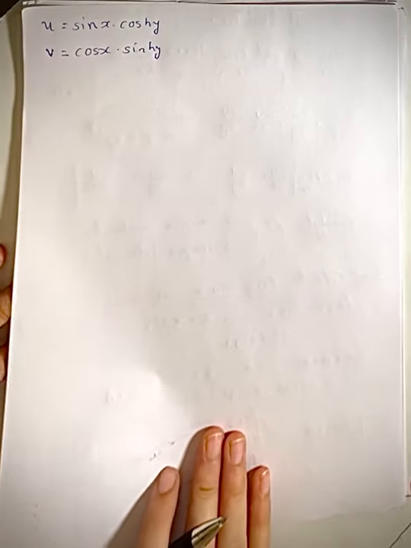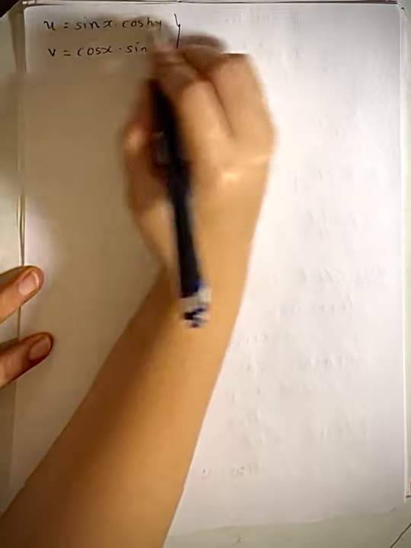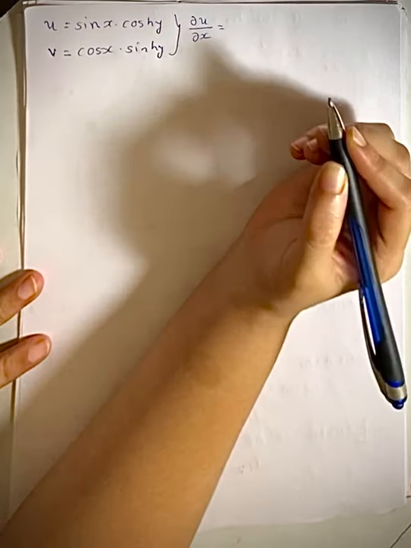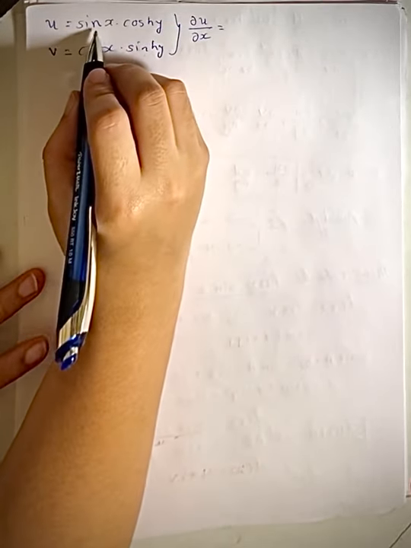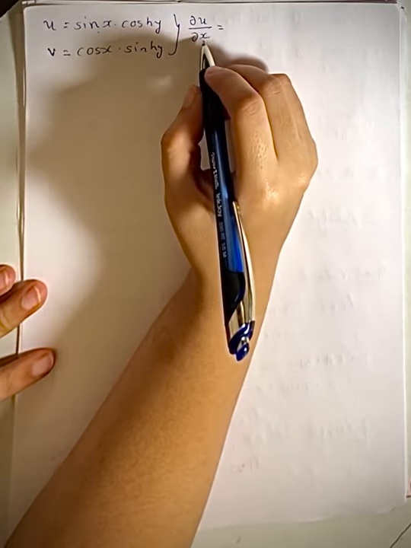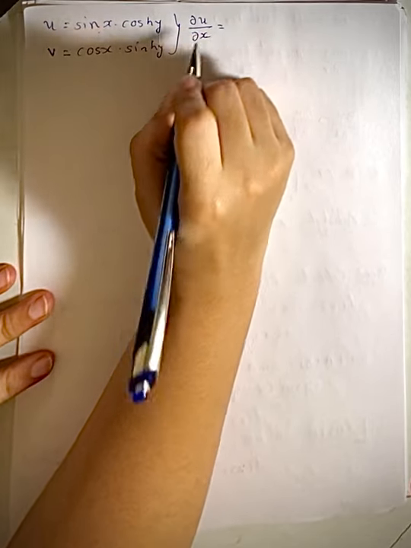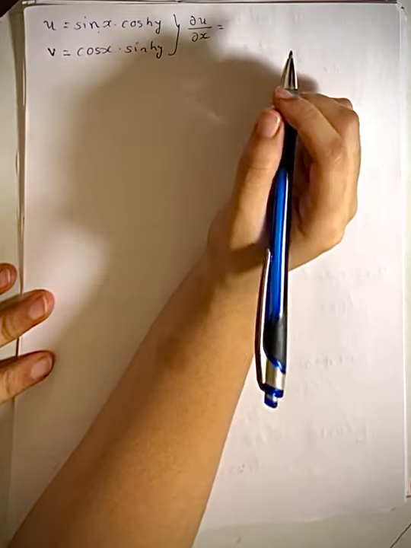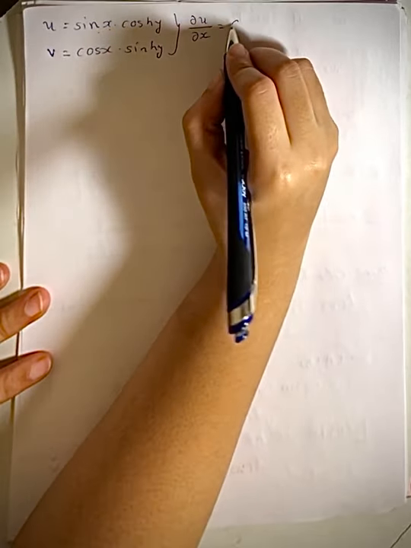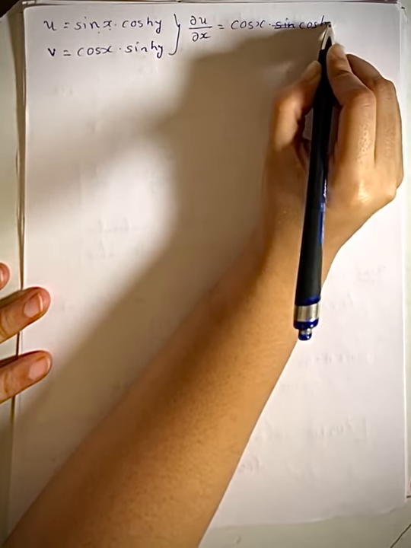So first let us find the derivatives. Let's find the derivatives of u. del u by del x is equal to what? The derivative of sin x is cos x. Since this is a partial derivative with respect to x, we imagine the y terms to be constant, so it is cos x cos hy.